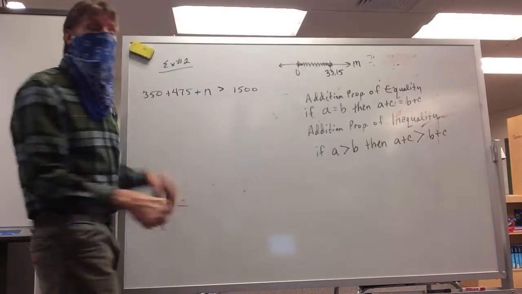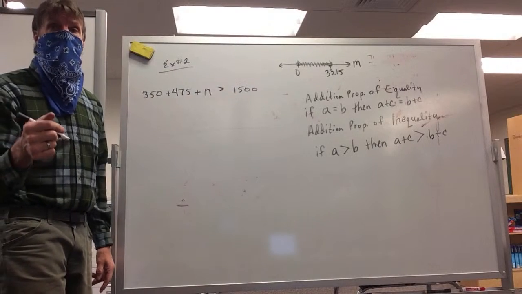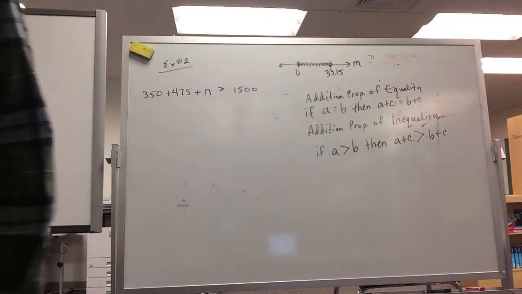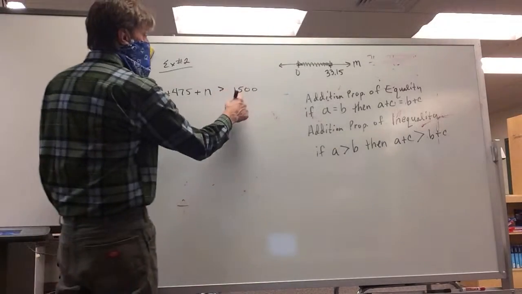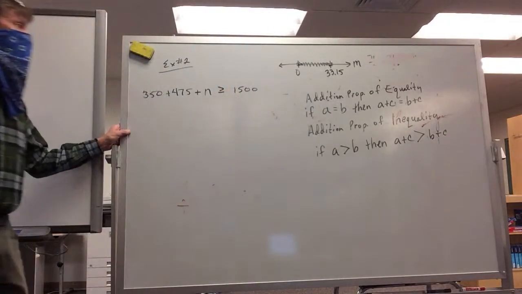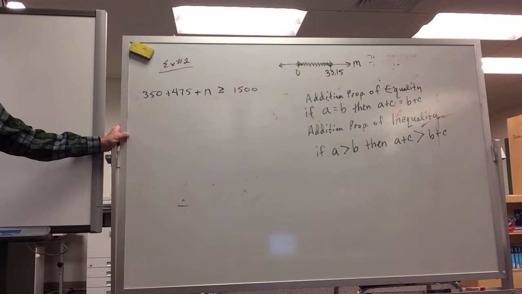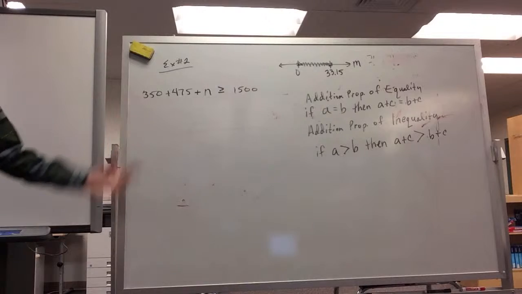And if they get 1,500, is that okay? What does it say in the word problem? At least. So the least would be this, so it could be equal. That's what I meant. So setting it up and making sure the direction of the inequality is correct, that's important.